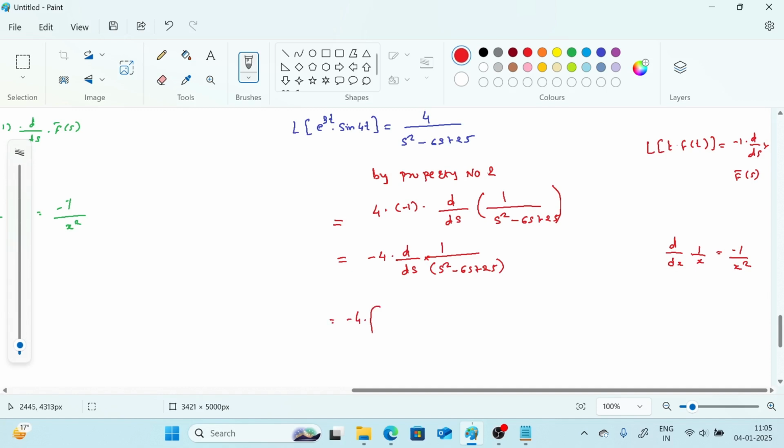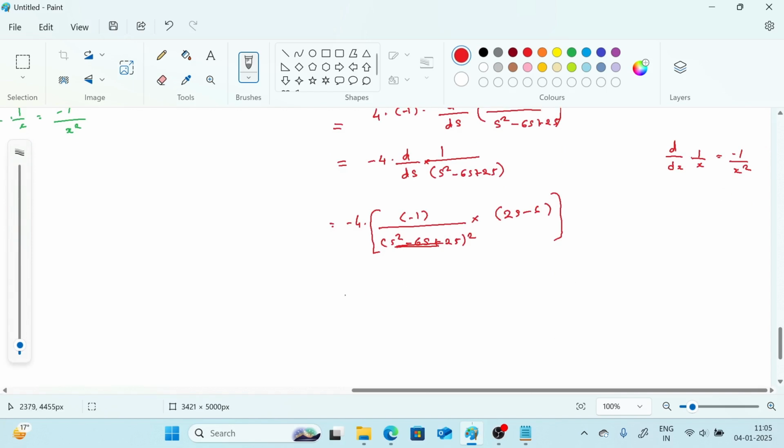So minus 4 into minus 1 upon (s square minus 6s plus 25) bracket square into the derivative of this term. What will be the derivative? 2s minus 6, right?